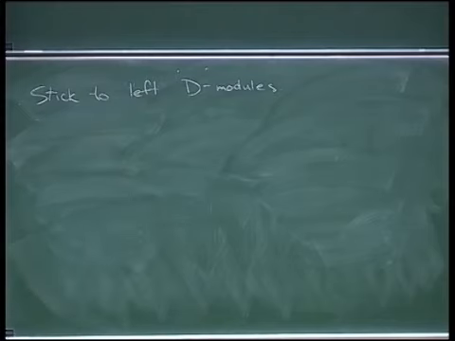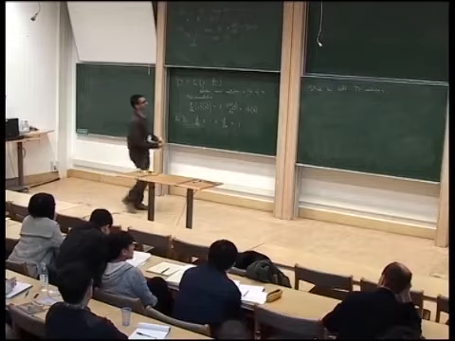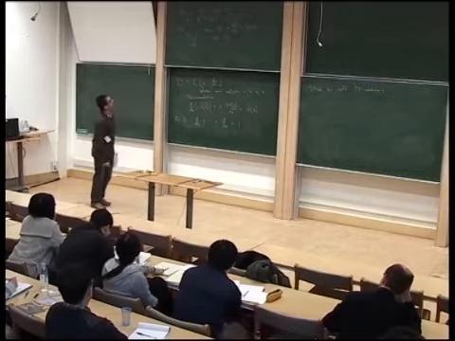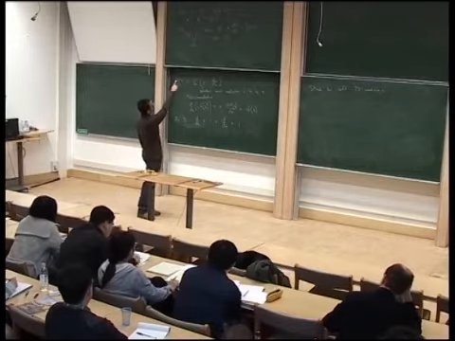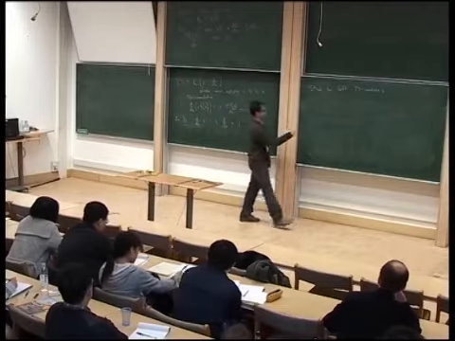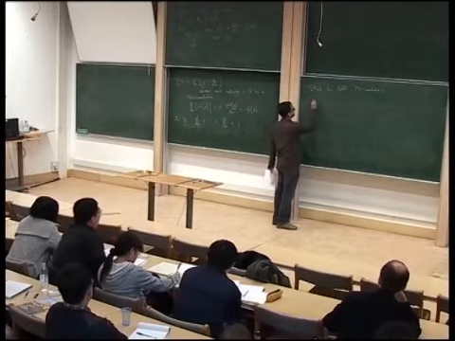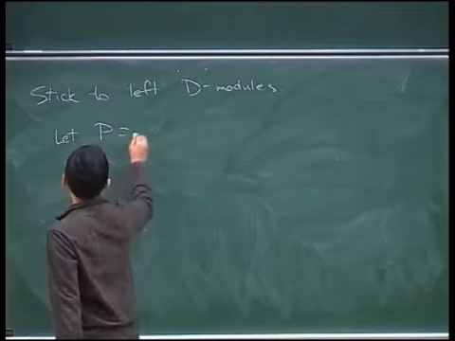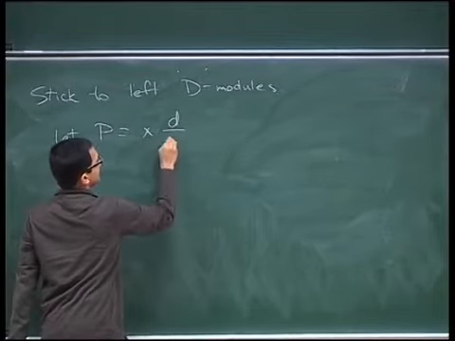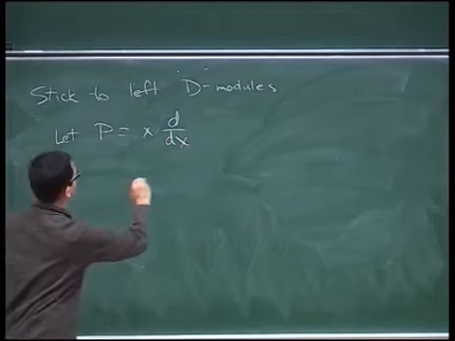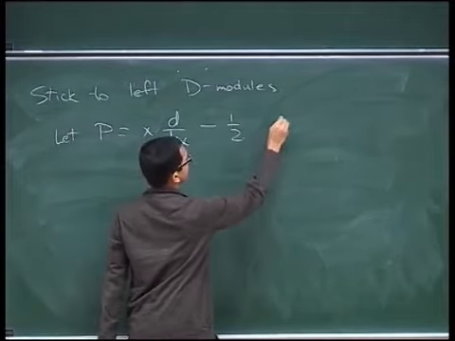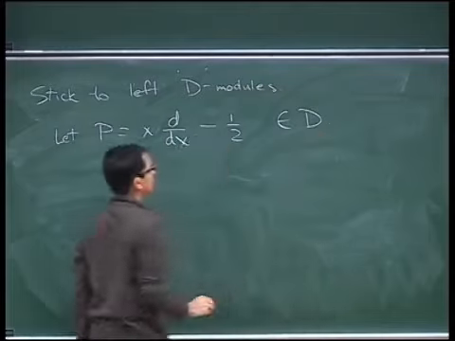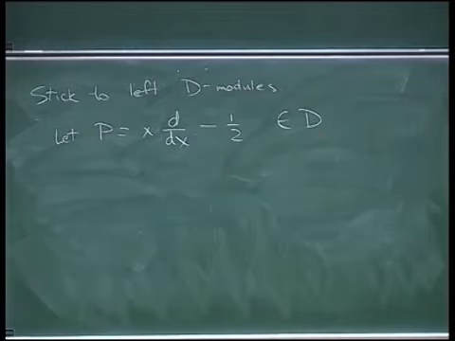And now this differential equation from yesterday, we could take the operators in that equation, and that's an element of this ring. So let P be that element, x d by dx minus a half. So that's an element of this ring.